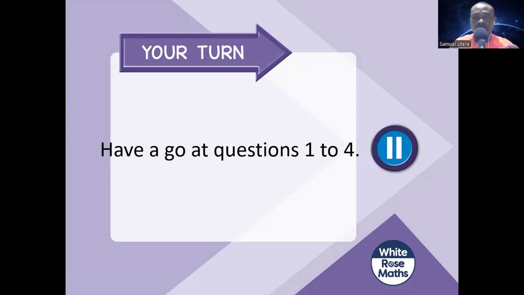But things that are not like terms, we cannot add them together. For example, we cannot add 5a plus b. If for example I have 3a plus b, we can only write the expression when we simplify it as 4a plus b. Okay, now have a go at these questions.